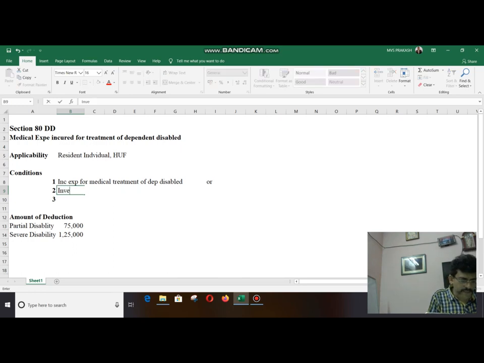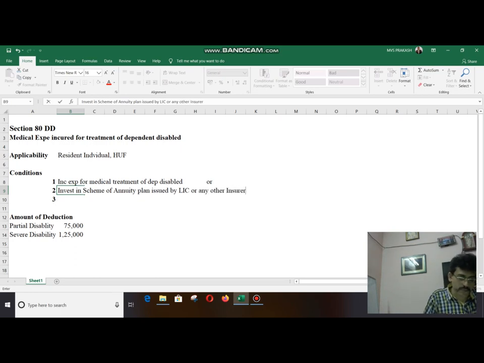He will invest in a scheme of the Life Insurance Corporation. The scheme is nothing but the annuity plan. He has to invest in a scheme of an annuity plan issued by the Life Insurance Corporation or any other insurer.